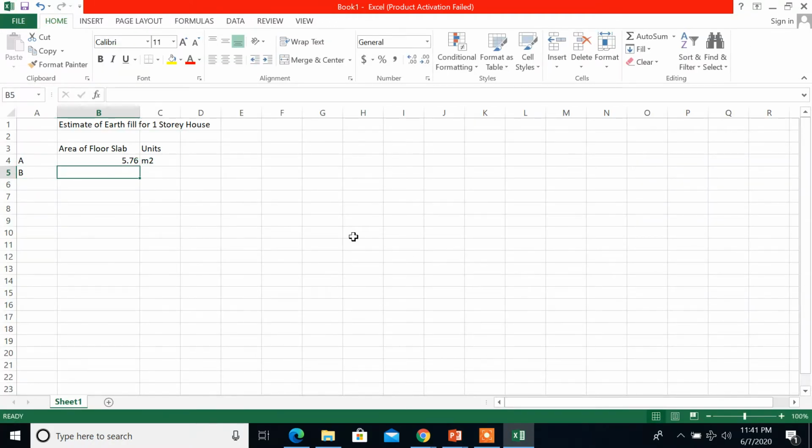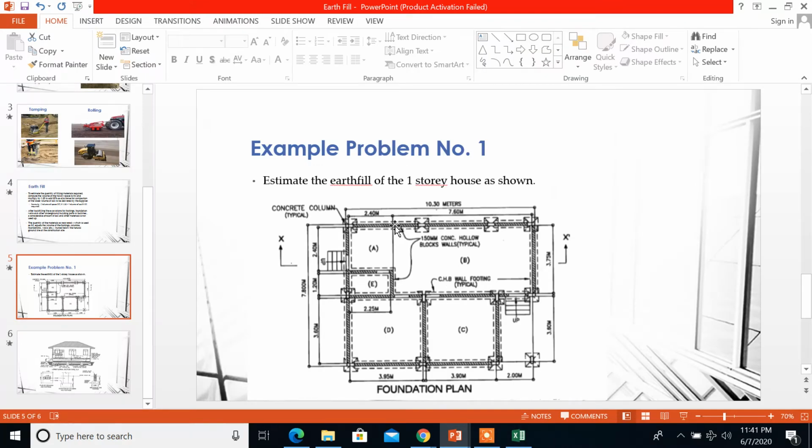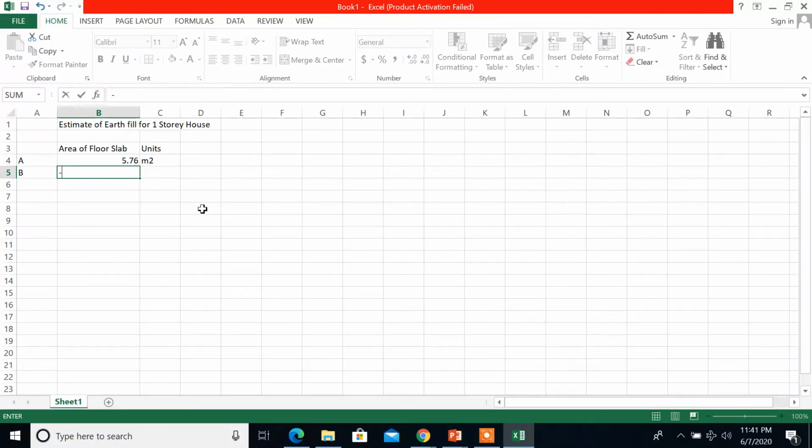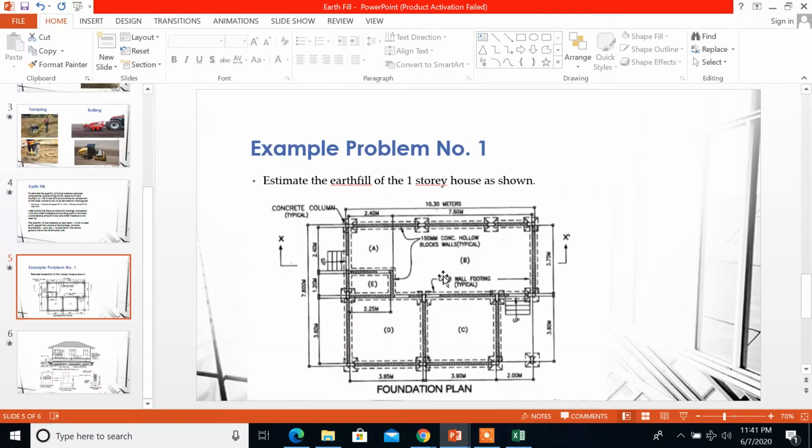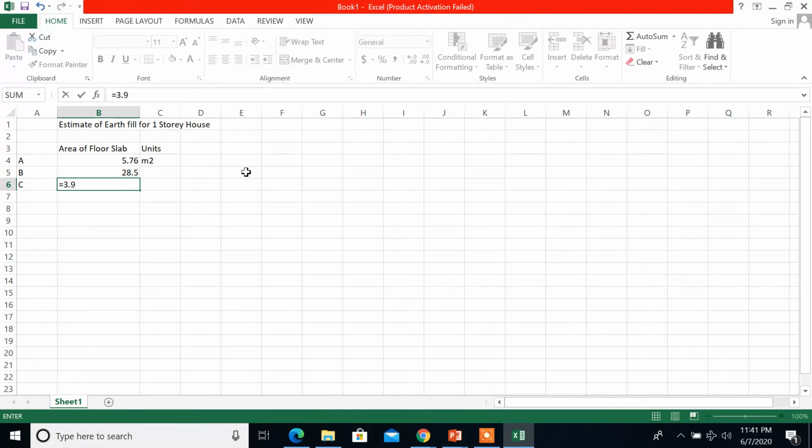Then for slab B, this part, 7.6 times 3.75. Then next, for slab C, to determine the area of the slab, the distance at the x-axis is 3.9 and at the y-axis is 3.6: 3.9 times 3.6.